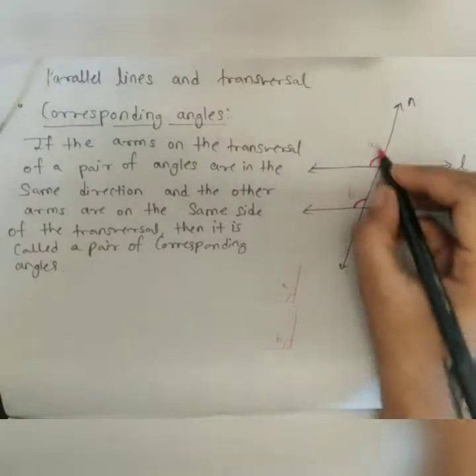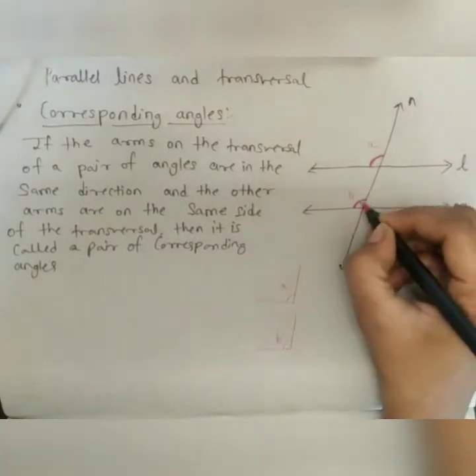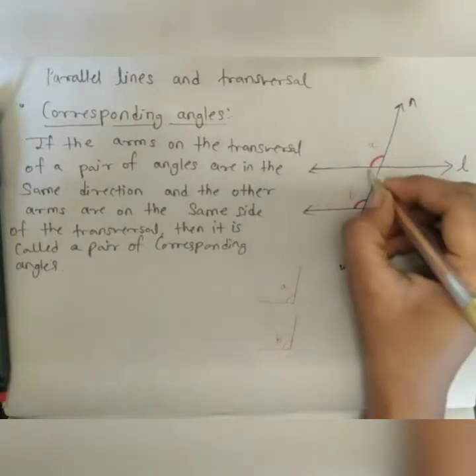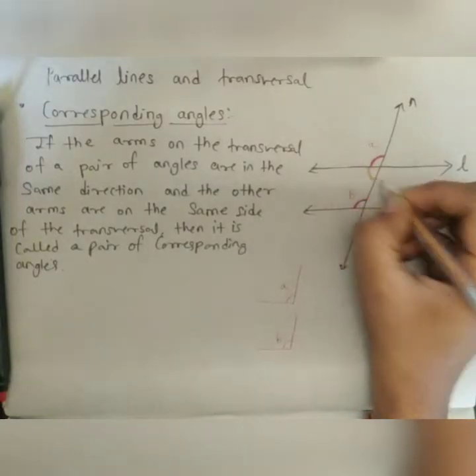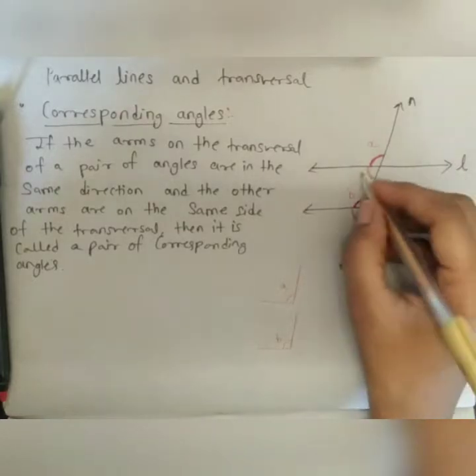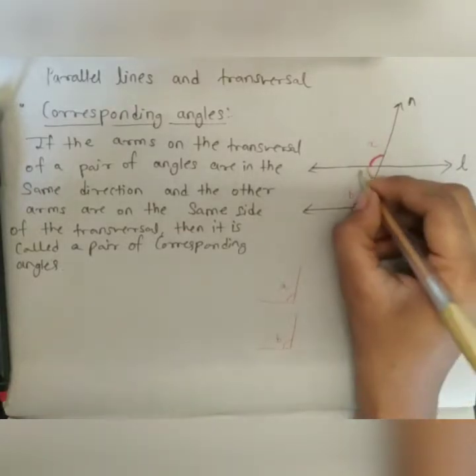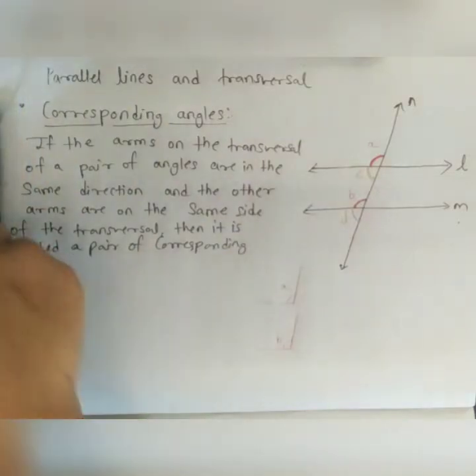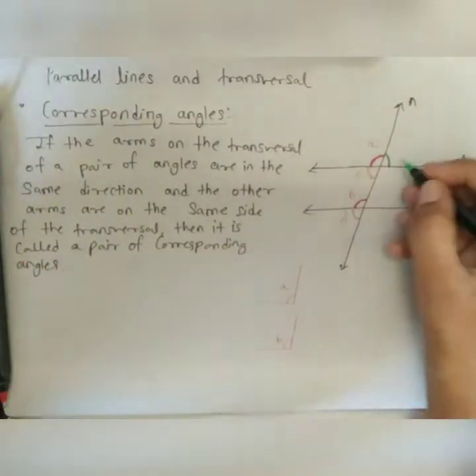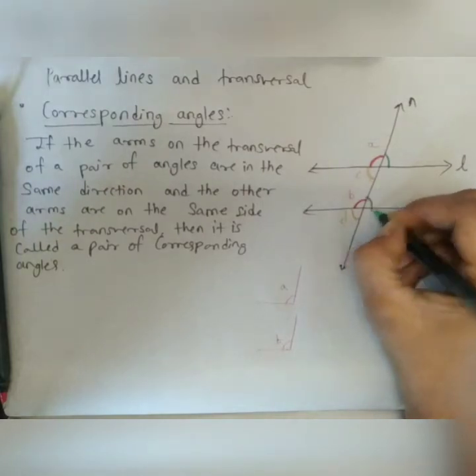So this is a pair of corresponding angles. Similarly, this angle and this angle, this is a second pair of corresponding angles. Suppose C, D. Now, on the other side, same. We have these two pairs of corresponding angles.